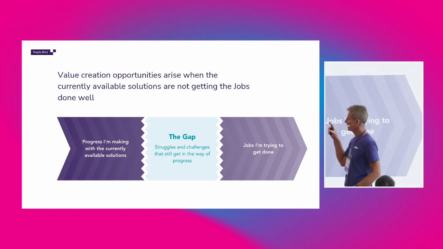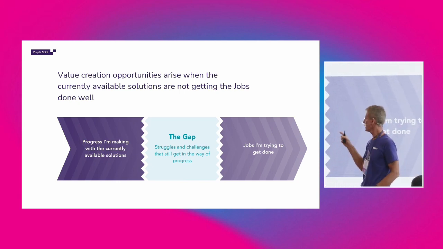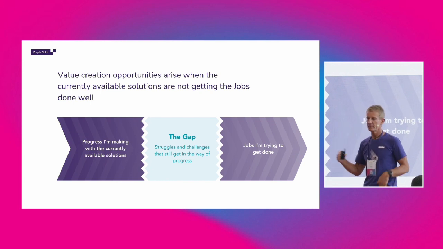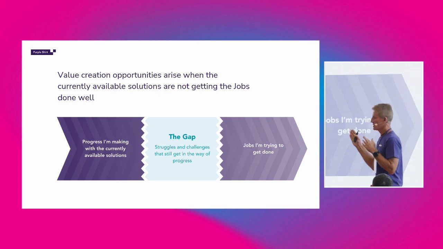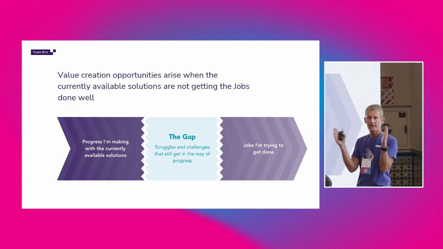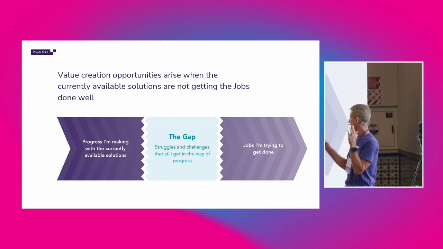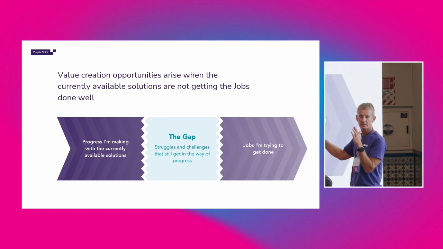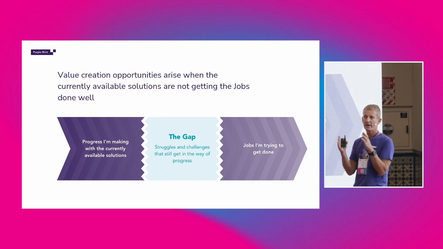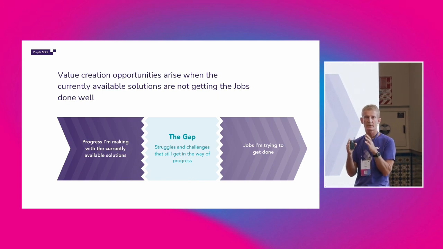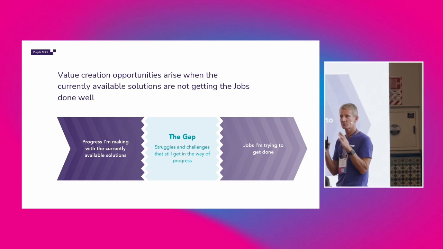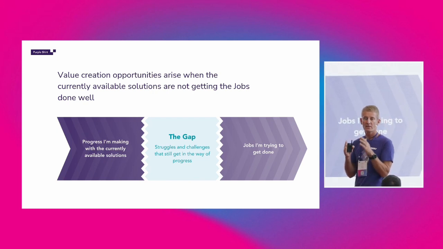And the currently available solutions in market are allowing me to make a certain amount of progress. What we're trying to understand is, is there a gap? Given why they're hiring these things, how well are those existing products and services helping them make progress with that job? And if the answer is not very well, there's a gap.